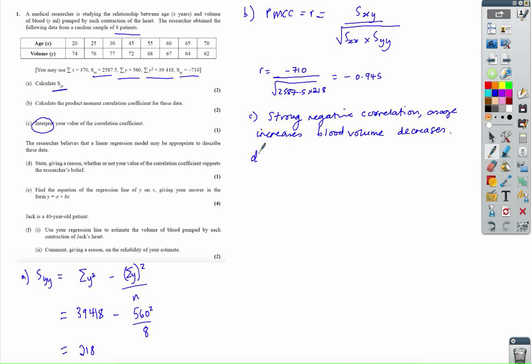A researcher believes that a linear regression model might be a good idea. Yes or no? Do you agree? Yes, good idea. That's not enough though, you need to give a reason. Yes, it's a good idea.